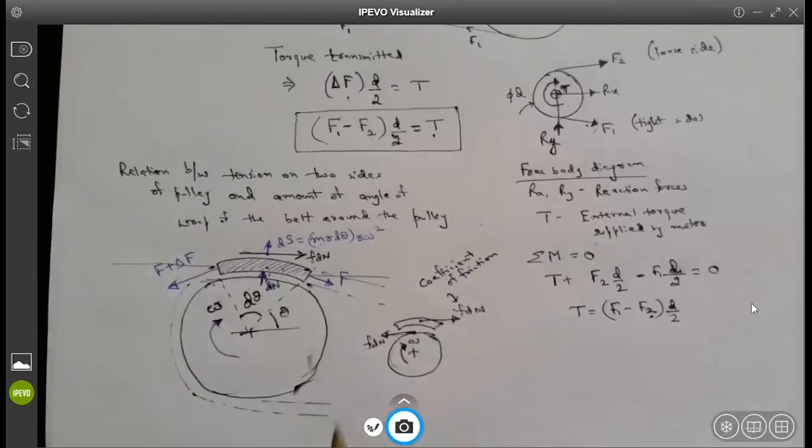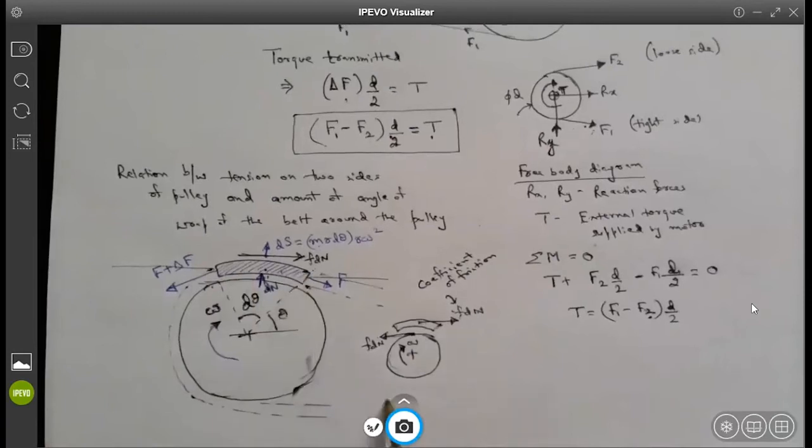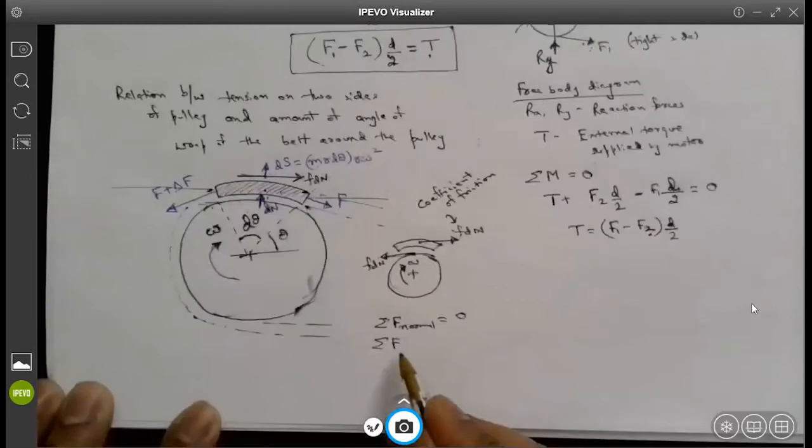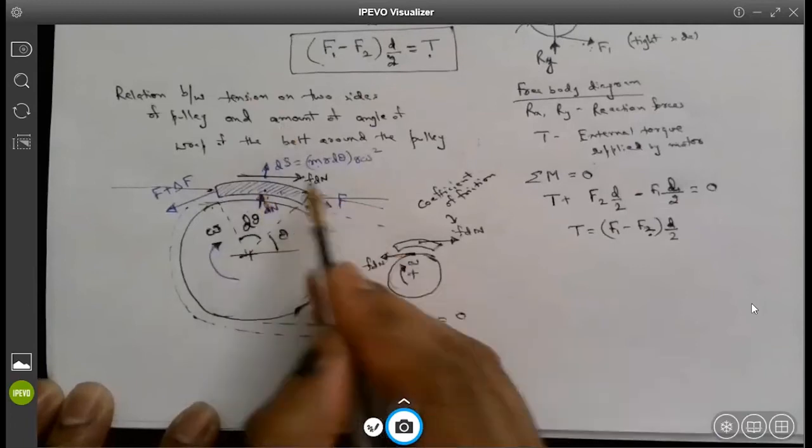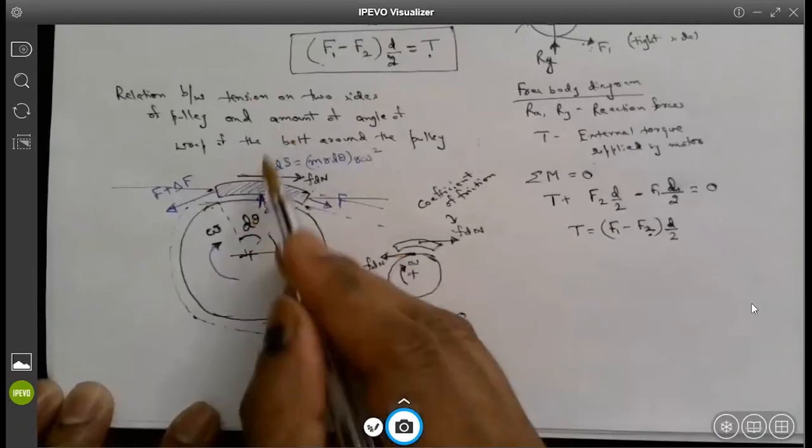What we have to do next is look at this differential segment of the belt and write the force balance equation. Summation of F normal equals 0 and summation of F tangential equals 0. Normal means normal direction, tangential means tangential direction. So the summation of all the forces in the normal direction equals 0.